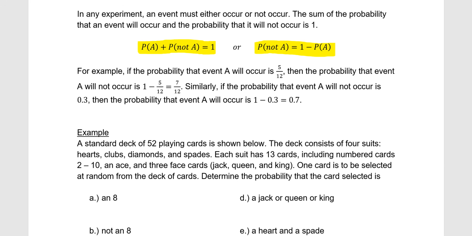And then similarly, if the probability that event A will not occur is 0.3, so notice that it's flipped this time, then the probability that it will occur is just 1 minus 0.3, which is 0.7. So in this formula over on the right, you could reverse A and not A, rewriting it as the probability of A equals 1 minus the probability of not A, and it means the same exact thing.